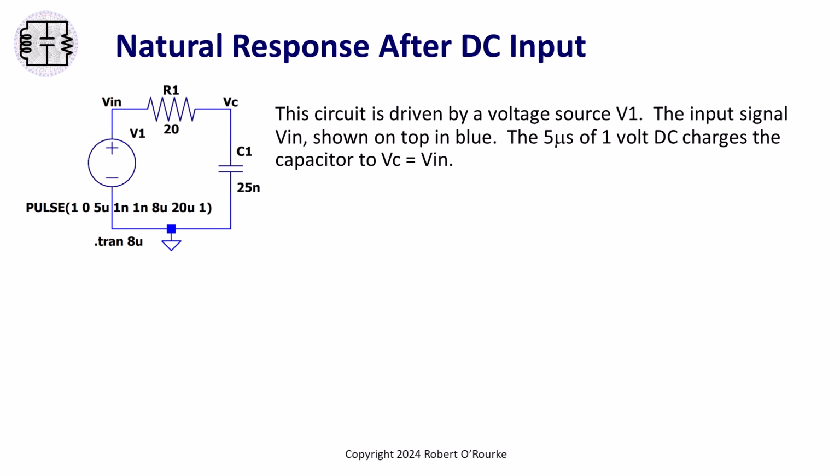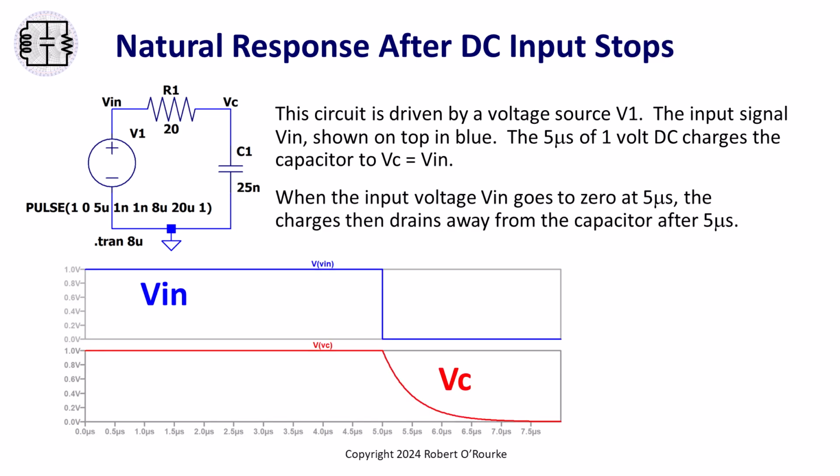This RC circuit has a voltage source that supplies 1 volt DC for 5 microseconds. This voltage charges the capacitor to 1 volt, the same voltage as the source. That is, Vc equals Vin. At 5 microseconds, the input voltage Vin goes to 0, leaving 1 volt on the capacitor.